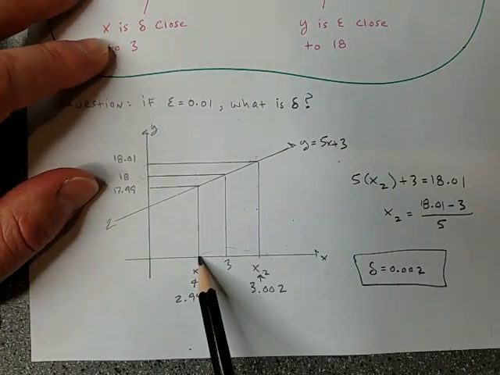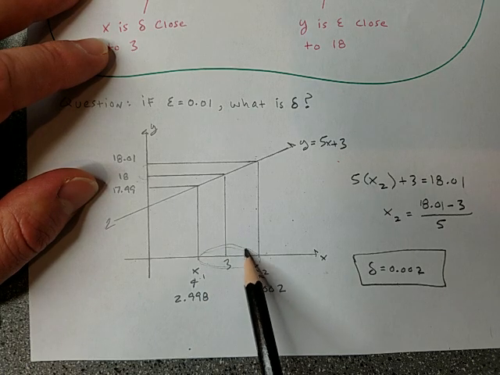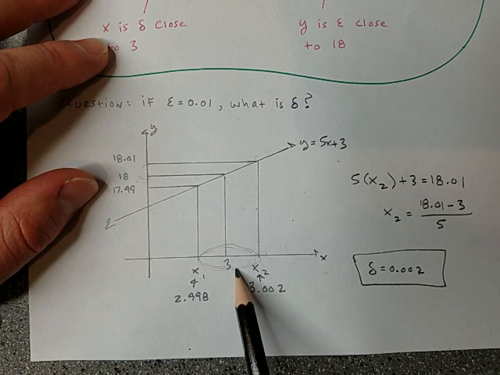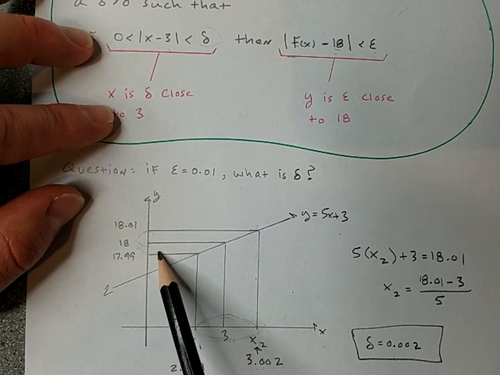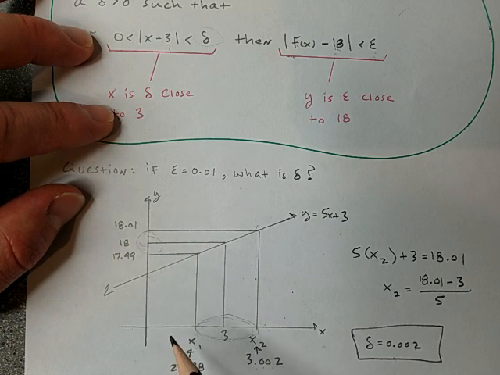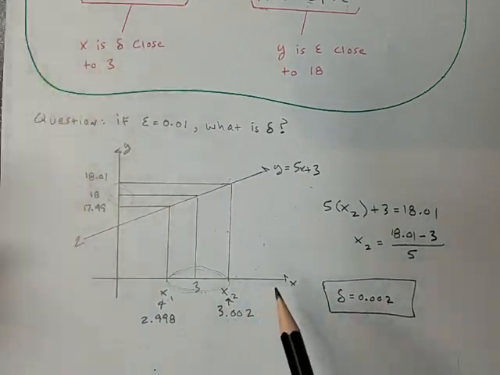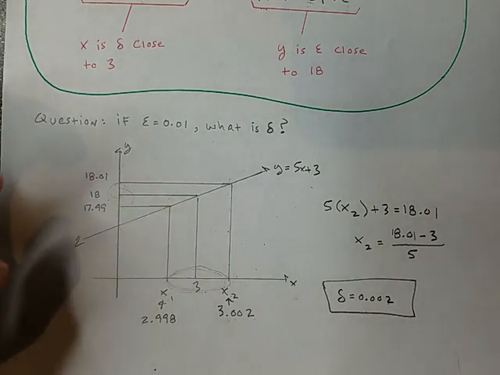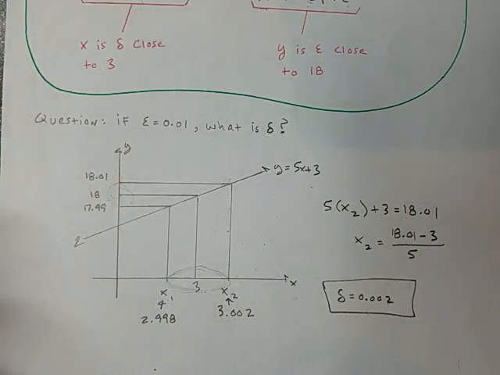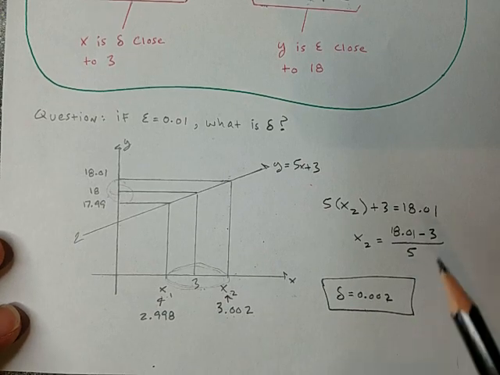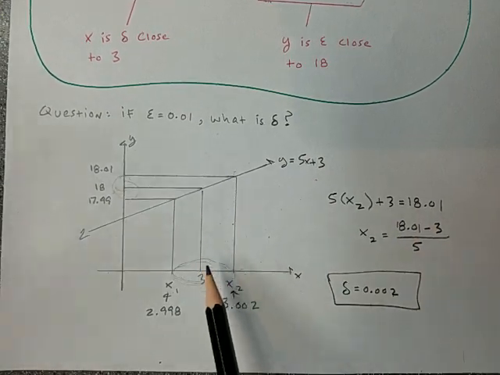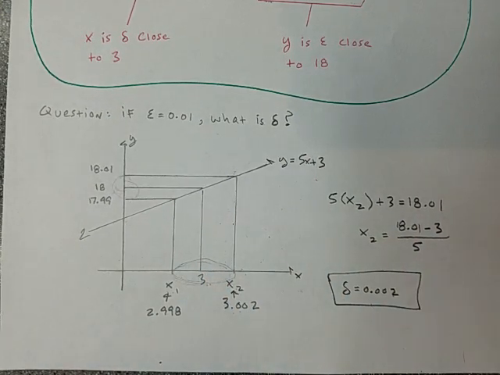Yeah, so like any number in there that you could choose for x will put you up here within 0.01 units of 18. All right, so the epsilon and the delta are the x and y tolerances in the limit definition. And for the most part, once you see the picture, I think you understand it, and it takes a little bit of algebra to solve it from there. So let's do one more example.